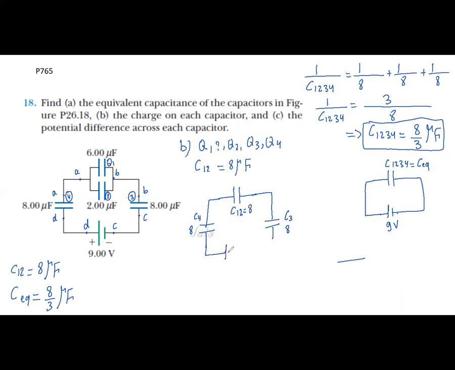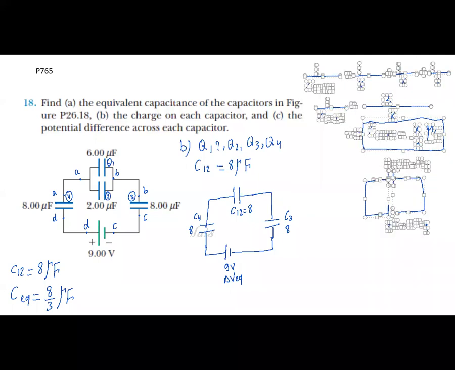Here we have 9 volt, delta V equivalent. We have C equivalent and this is the total delta V. C12, C4 and C3 are in series.